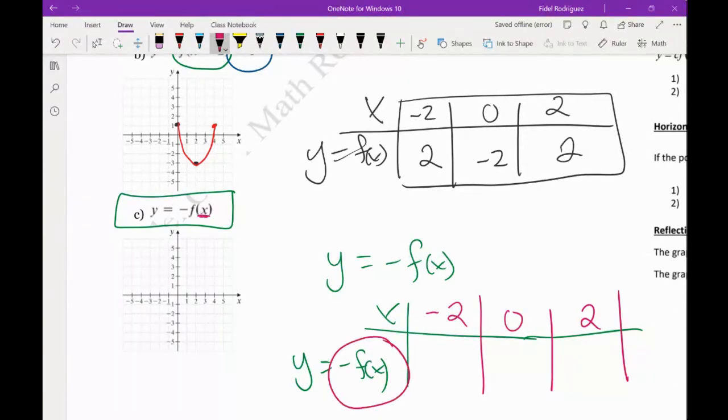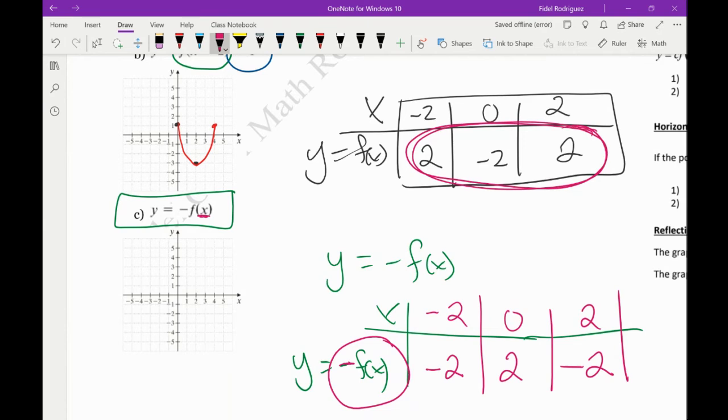All we're doing, if you look right here, since we have a negative, is changing those signs. So instead of 2, -2, and 2, it's going to be -2, +2, and -2 again, right? Because we have a negative on the outside. So all I'm doing is changing those signs right there.